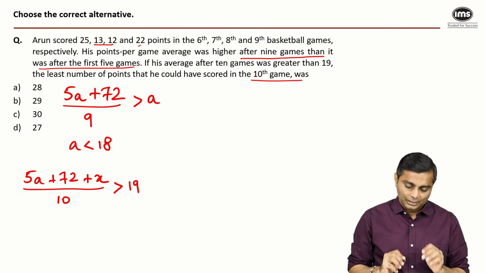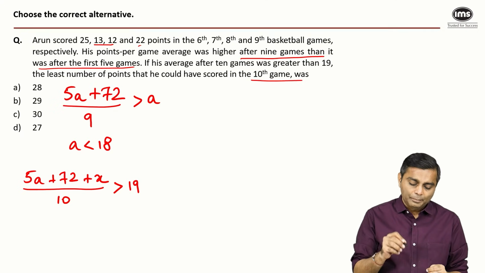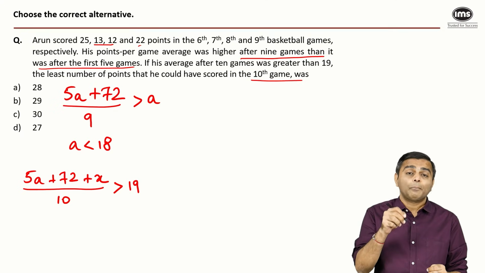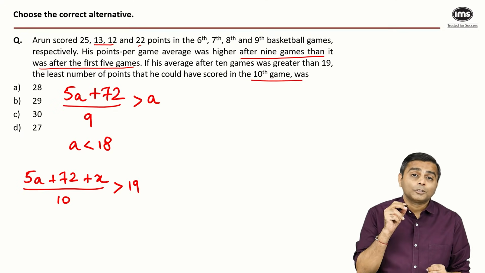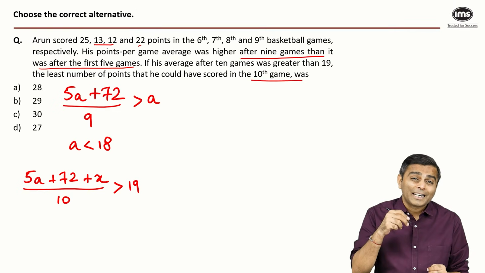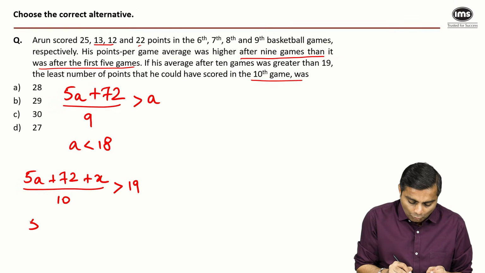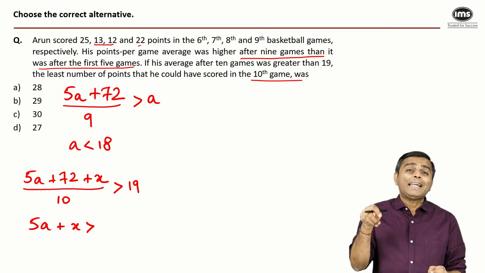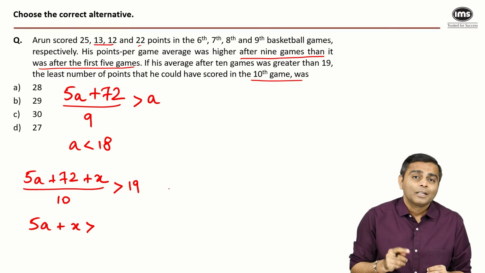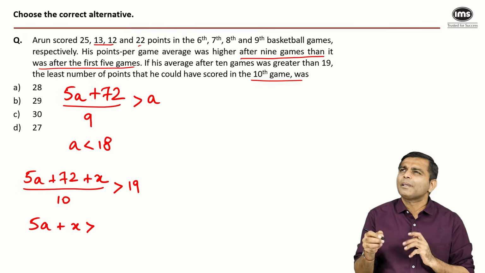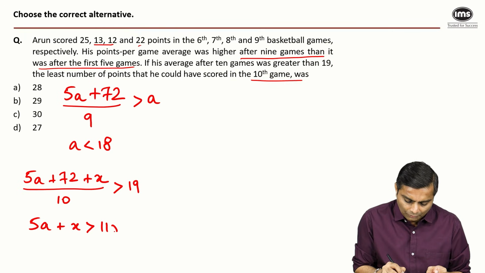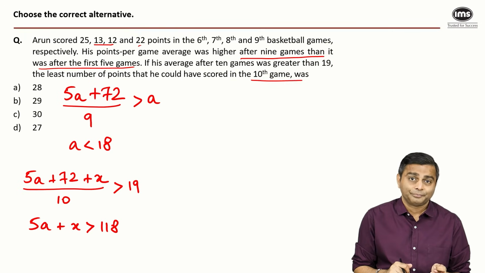Okay, I hope this much is clear so far. So (5A plus 72 plus x) by 10 greater than 19. So 5A plus 72 plus x greater than 190. Therefore, 5A plus x greater than 190 minus 72. Correct? 190 minus 72, 118. So this is 118. This is where I'm reaching.